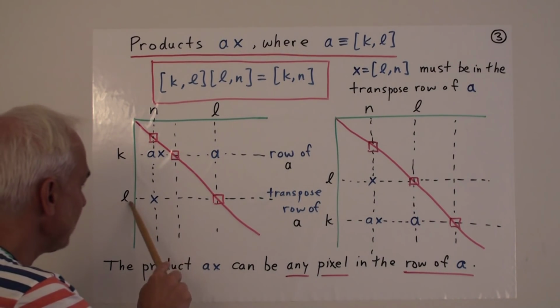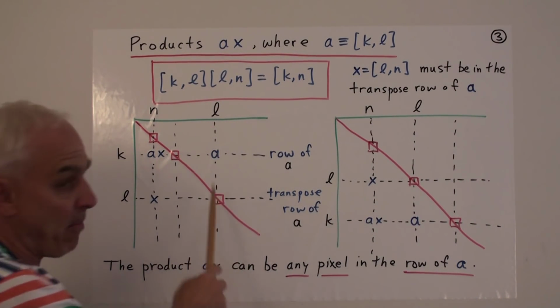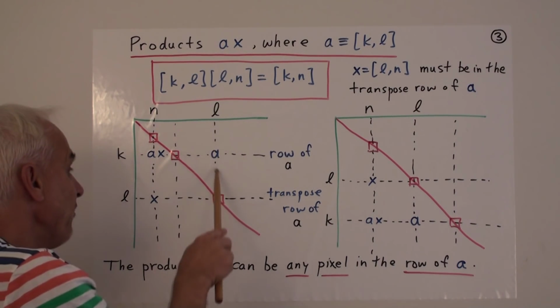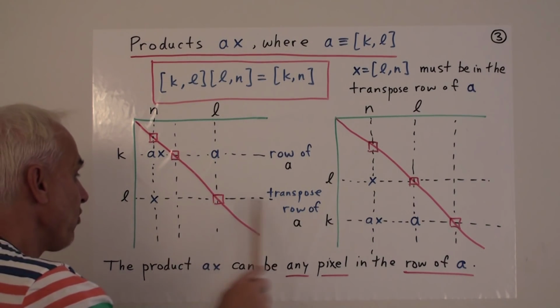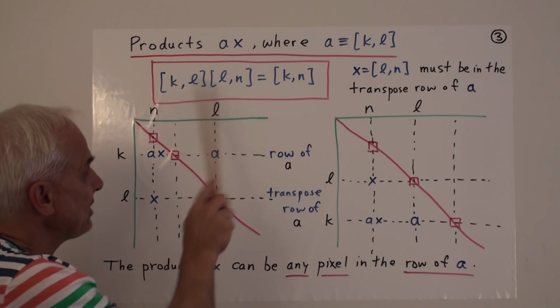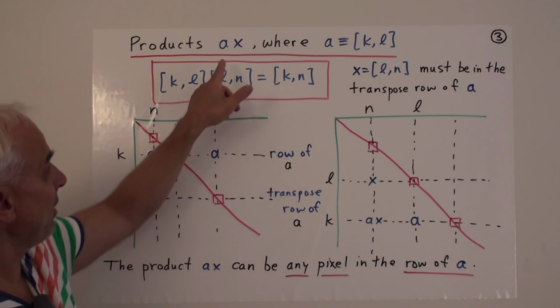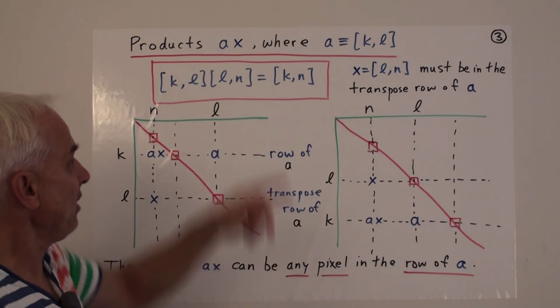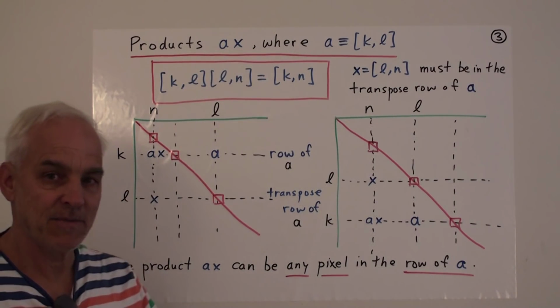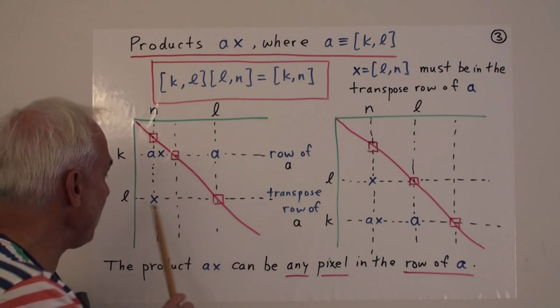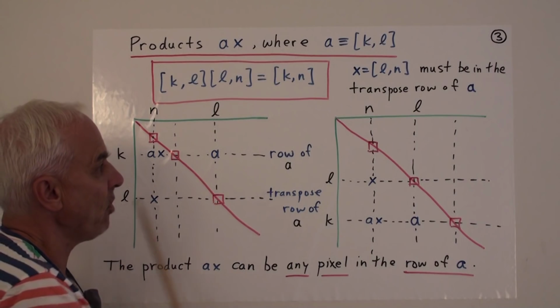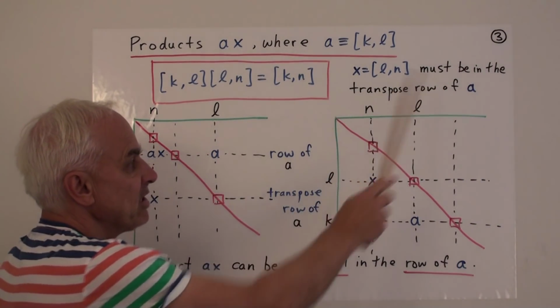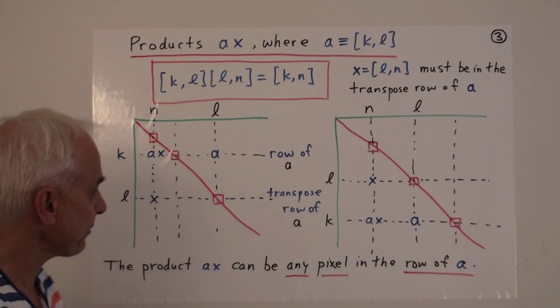Okay? So that's how we get this transpose row. We go down or up the column of A till we hit the diagonal, and then we go across. And this formula is telling us that in order to get something that's non-empty, of the form A times X, we have to have X being on this transpose row. So X must be in the transpose row of A.